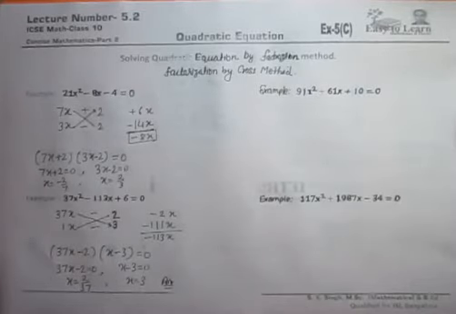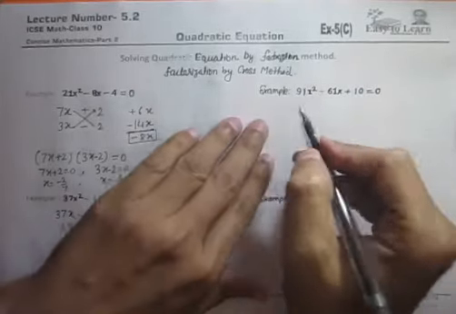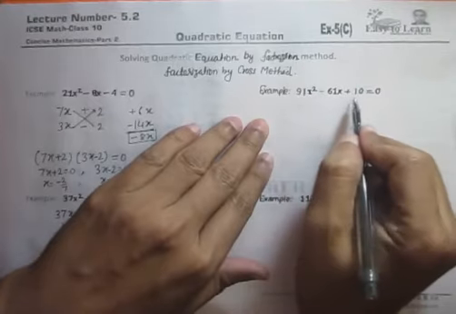Now let us take one more example. 91x square plus 61x plus 10 equal to 0.